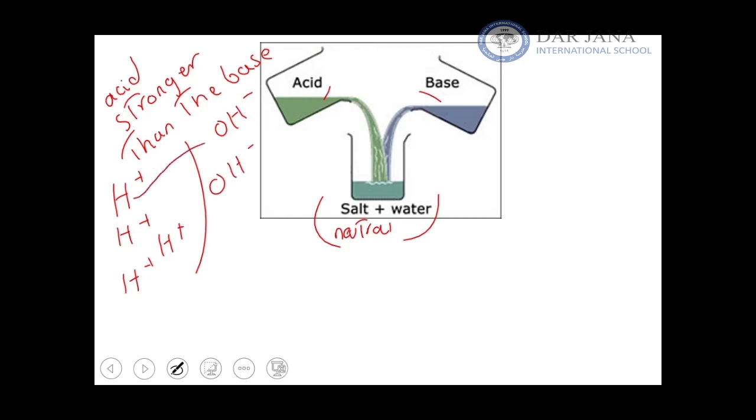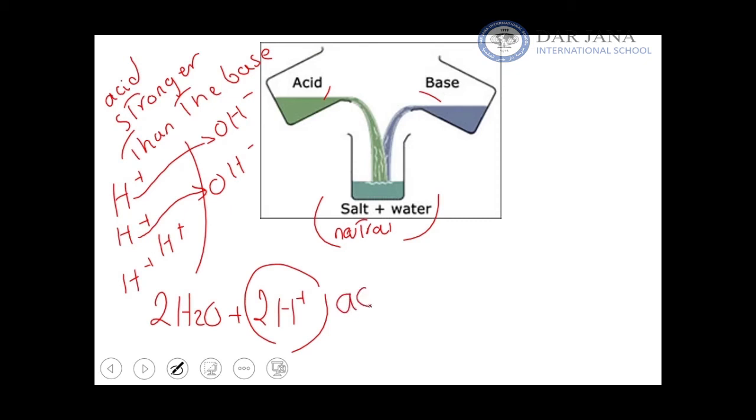So this hydrogen will combine with this hydroxide ion. Let's take this hydrogen ion with this hydroxide ion. So we're gonna have, as a result, 2 water molecules plus 2 hydrogen ions. So in the result you will still have hydrogen ions, which means the resulting solution is an acid.